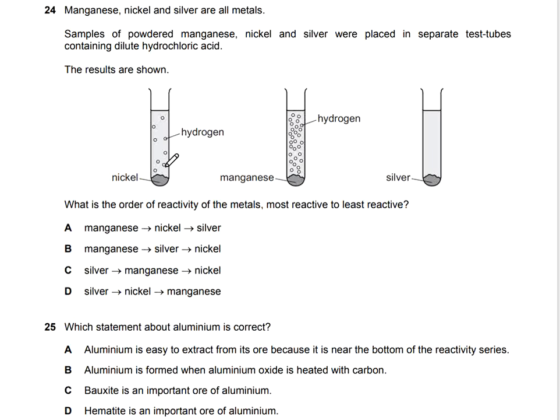In nickel, there is some hydrogen, however, for silver plus hydrochloric acid, there is no reaction. So the correct order of reactivity is manganese, nickel, and silver. The correct answer for this is letter A.